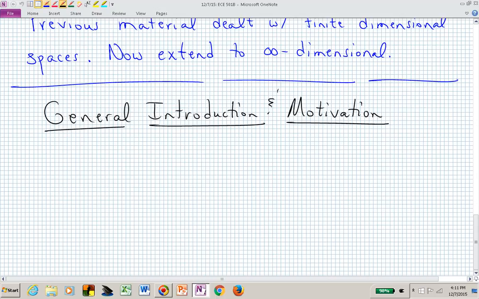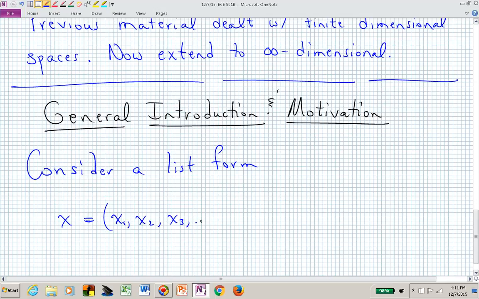So let's start by considering a list. And here I'm saying X is now going to represent, well, let me not make it infinite dimensional. Let me say that it now terminates after some finite collection of coordinates.